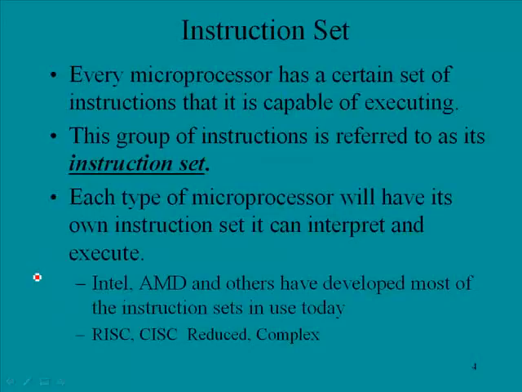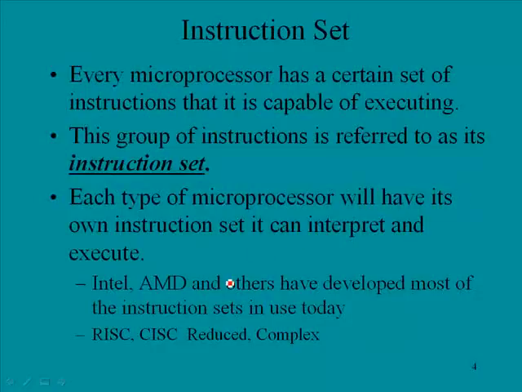Instruction set. Every microprocessor has a certain set of instructions that it is capable of executing. This group of instructions is referred to as its instruction set. Each type of microprocessor will have its own instruction set it can interpret and execute.